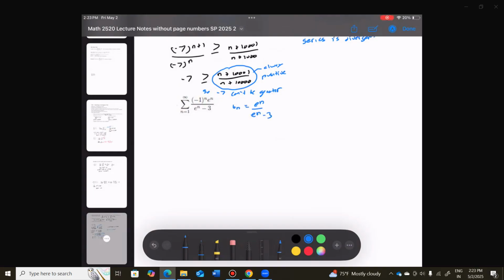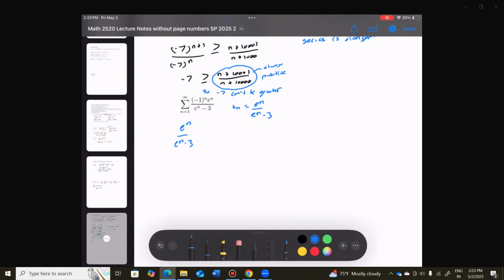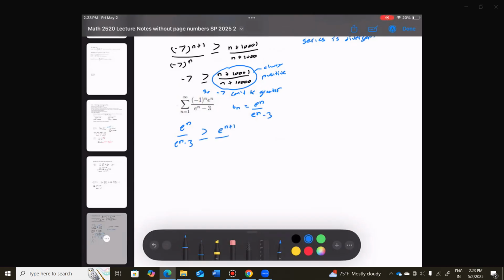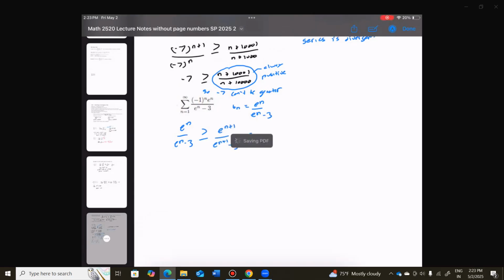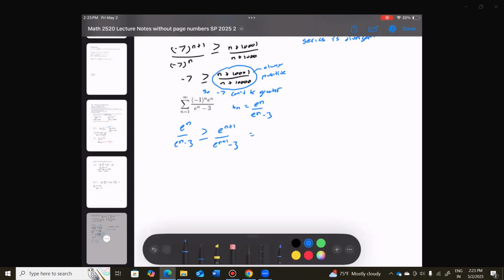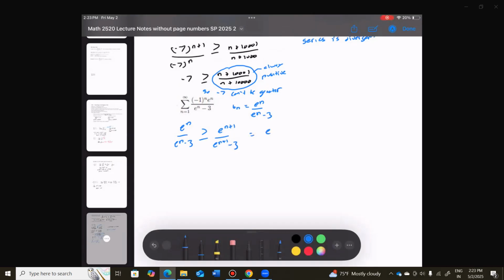And b sub n is positive when n is large. So e to the n over e to the n minus 3 greater than or equal to e to the n plus 1 over e to the n plus 1 minus 3, which we can look at that as e to the n, e to the n minus 3.